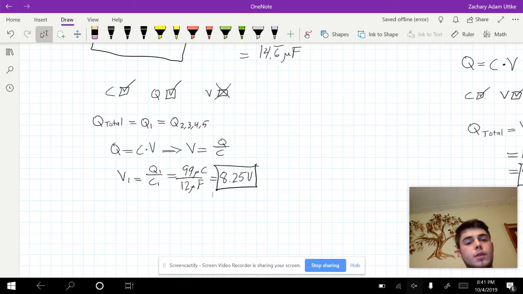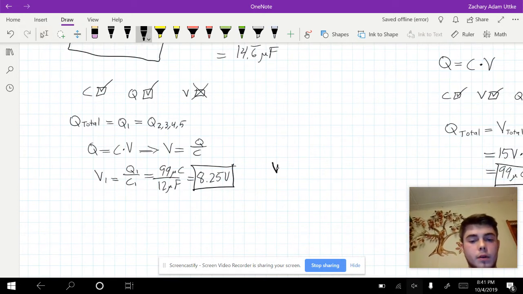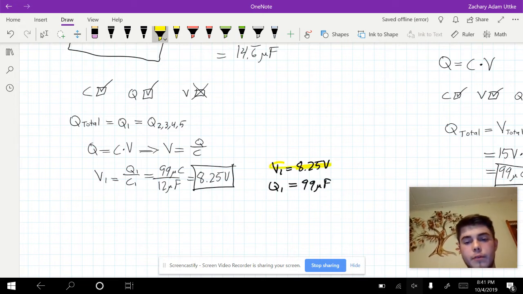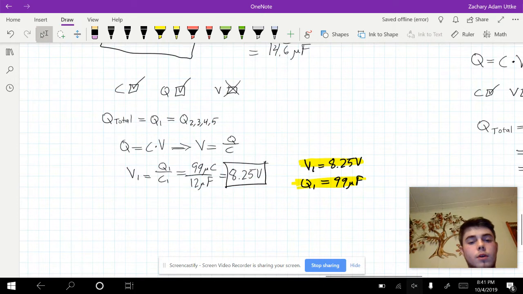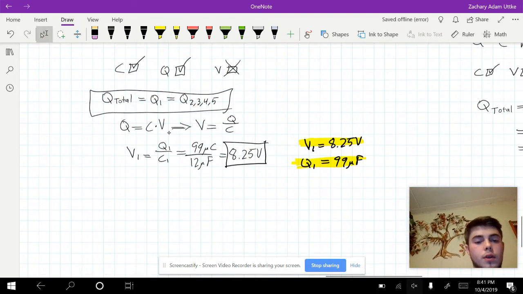Okay, so let's highlight some things real quick. We have V1, which is the 8.25 volts. We have Q1, which is 99 microcoulombs. So that's it. We just have those two right now. Okay, and let's keep working. So also with this equation here, we can calculate V2,3,4,5.